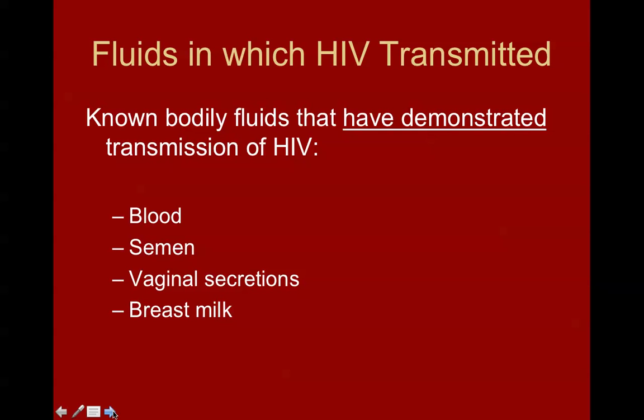There are 4 that have demonstrated transmission, and then there are 4 that have been found in the different fluids but have not been demonstrated to transmit. Not enough of the viral load has been found in 4 other secretions that have demonstrated that they actually do transmit. So first of all, the 4 that have been demonstrated to transmit are blood, semen, vaginal secretions, and breast milk.